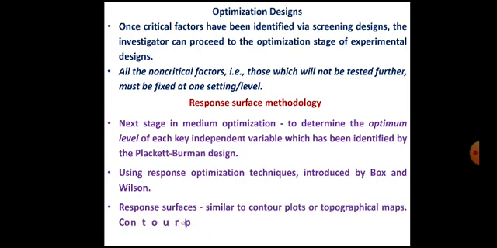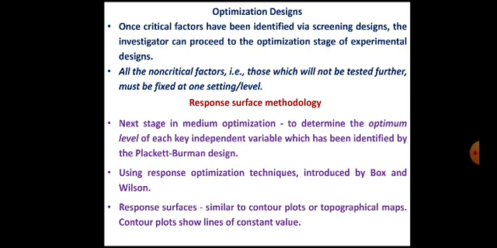We have learned what a response is. Now let us see the definition of a response surface. Response surfaces are basically similar to contour plots or topographical maps. Contour plots show the lines of constant value.